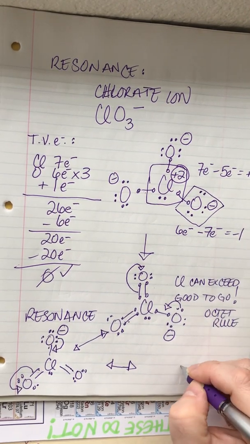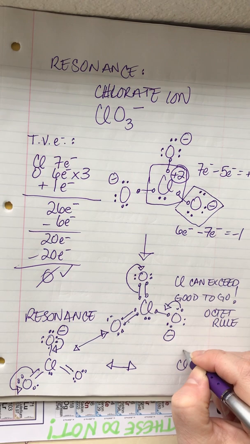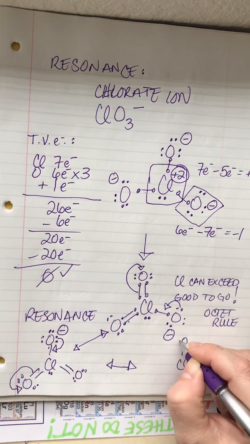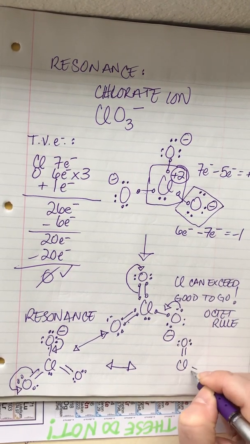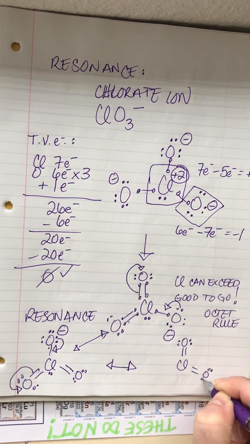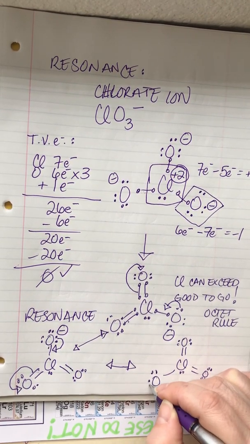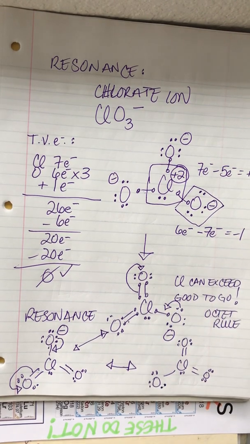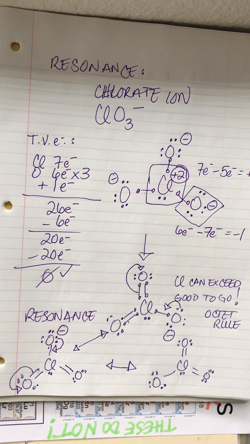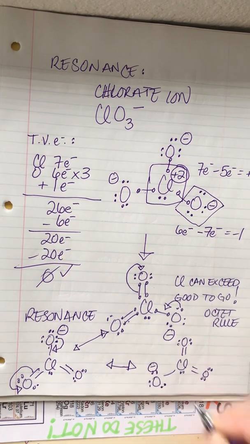And I will end up with this as my structure, right? Now where is the negative charge? It's on the left. This guy, right?